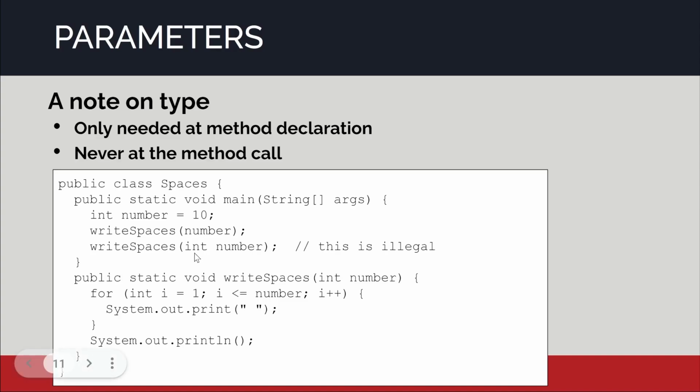You don't need to specify the type when you're calling the method. You just have to pass in the value itself. And this can be a little bit confusing because it just looks the same. Why wouldn't you put the int in front? The answer is that it already knows what the type is. You've declared it in one place. We don't need to declare the variable in multiple places.